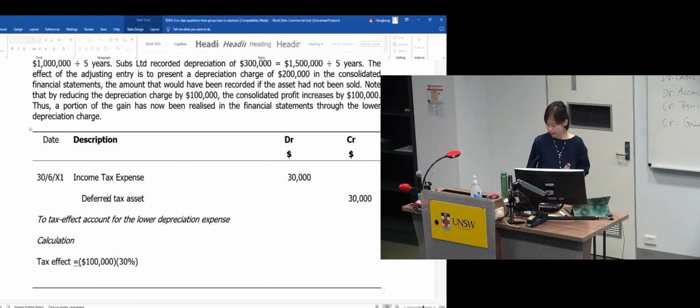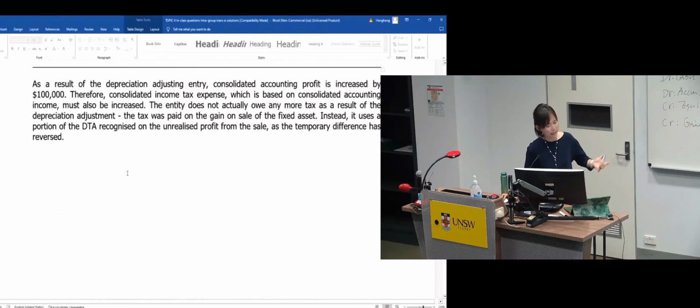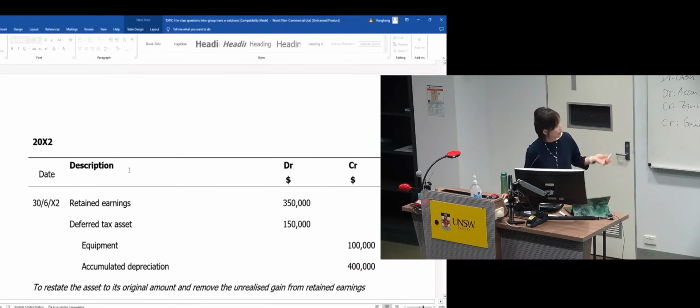Okay. Now let's have a look at the year X2 entries. So, prior year elimination of the gains on sale closes to retained earnings, right? Prior income tax expense also closes to retained earnings. So you can see the debit of retained earnings, 350,000, represents the after-tax unrealized gains resulting from the prior year intragroup transfer of PPE.